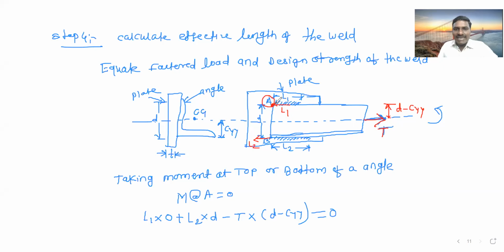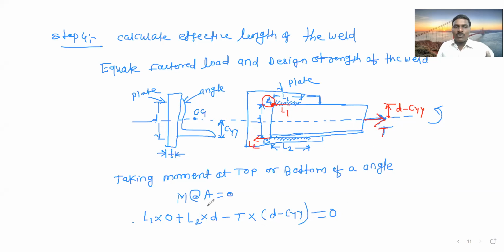म्हणजे जर A ला घेतली तर L1 0 असेल, L2 ची व्हॅल्यू मिळेल आपल्याला, आणि L2 वरून आपण L1 कॅल्क्युलेट करू. That we will see how to calculate. But this statement is very important. So L1 into 0 plus L2 into D minus T into D minus CYY is equal to 0.